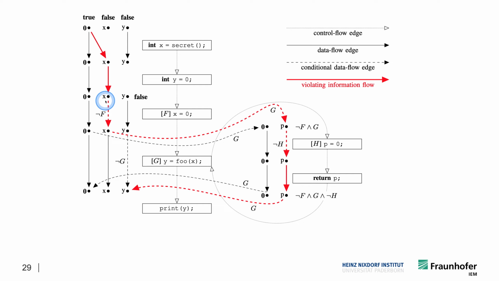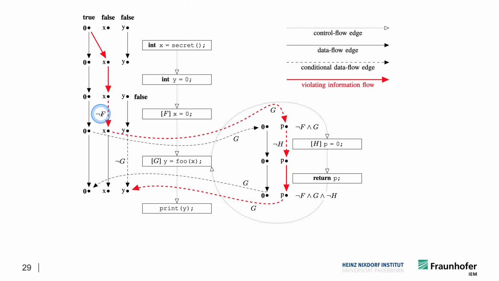But now here we have a conditional data flow. Let's take a look at this. This tells us that X is overwritten, so it is killed, under the assumption that F is enabled. That means the data flow from X to X is only retained if F is disabled.